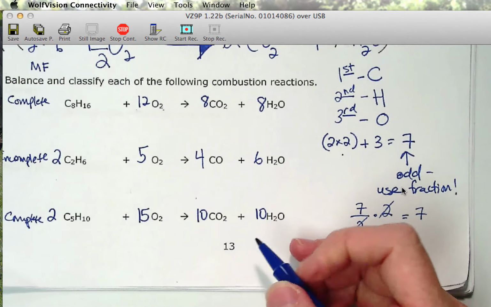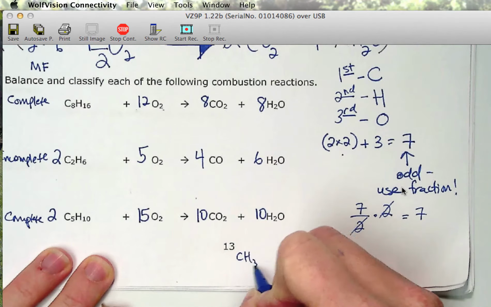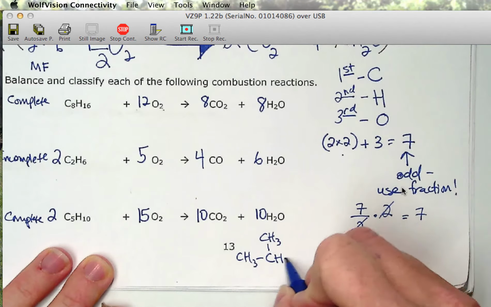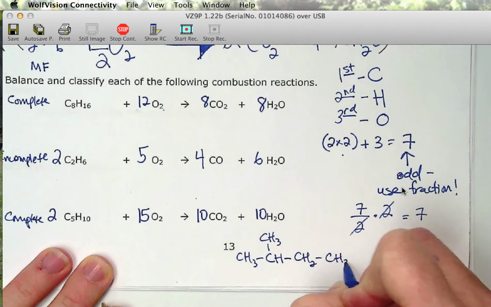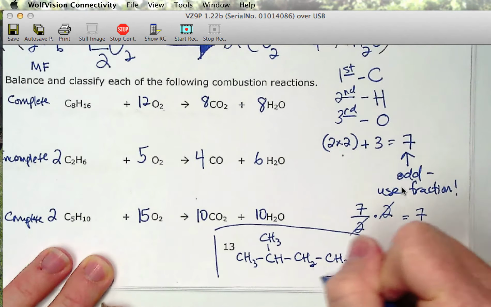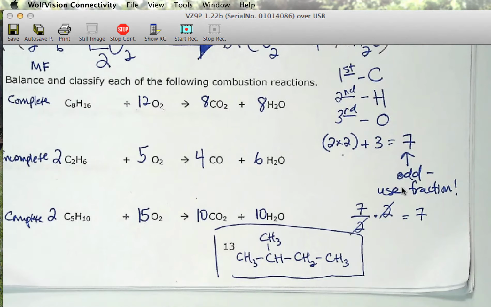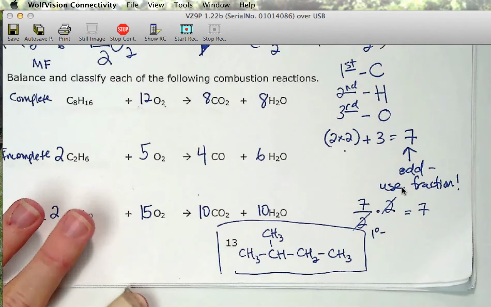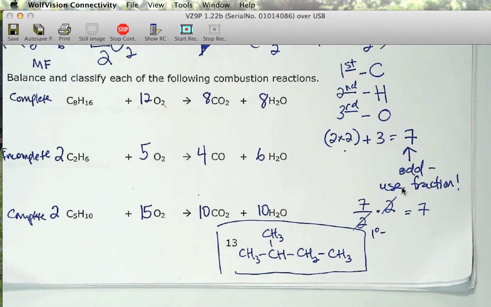If I gave you this molecule, and I asked you, how many primary carbons are there? Remember, the primary ones are the CH3s. There are 3 primary carbons.